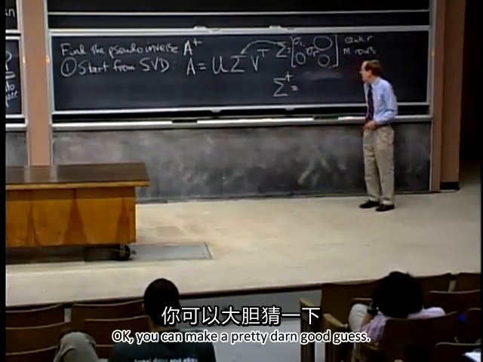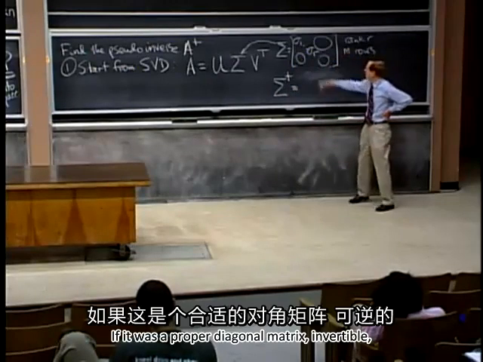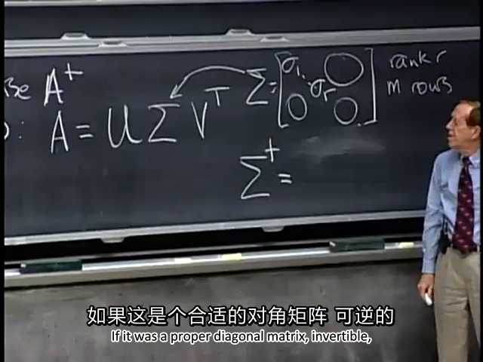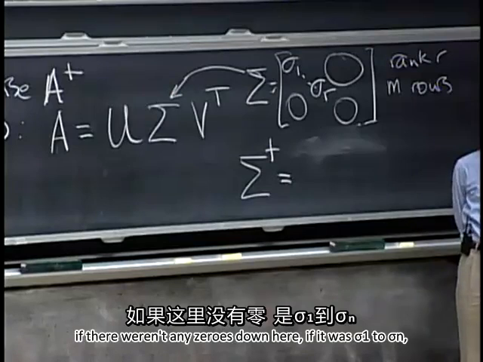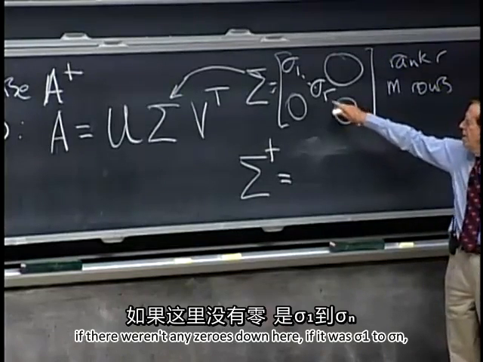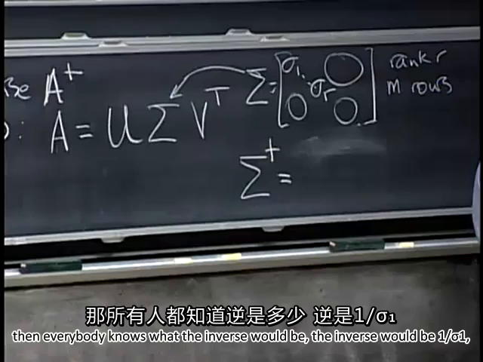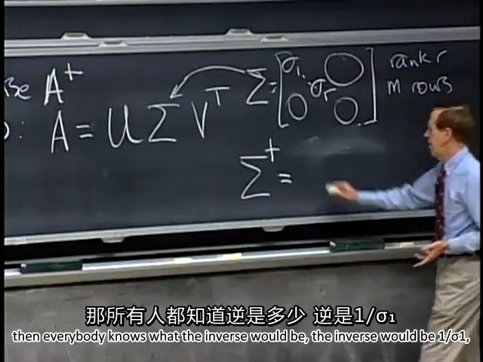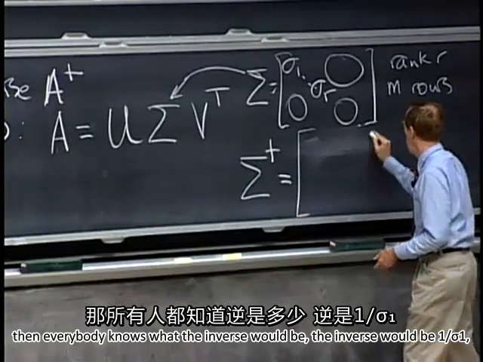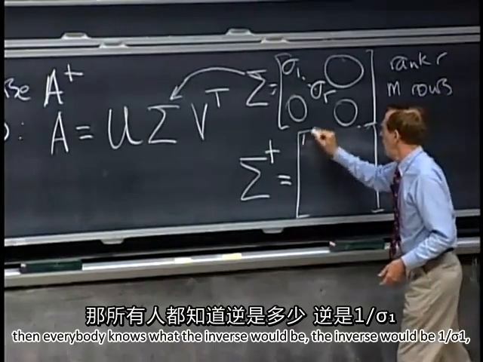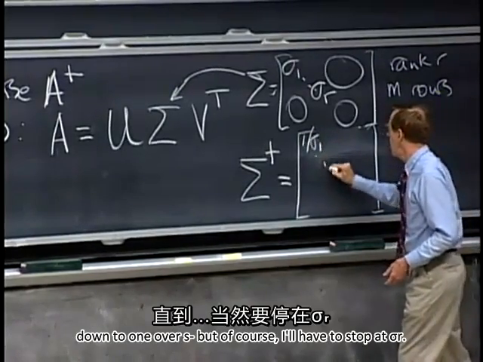Okay, you can make a pretty darn good guess. If it was a proper diagonal matrix, invertible, if there weren't any zeros down here, if it was sigma 1 to sigma n, then everybody knows what the inverse would be. The inverse would be 1 over sigma 1 down to 1 over sigma n.